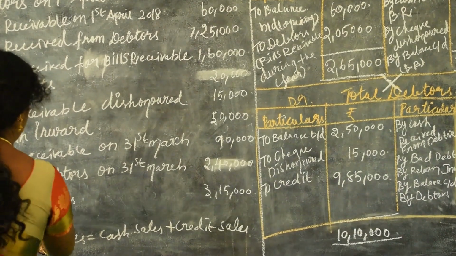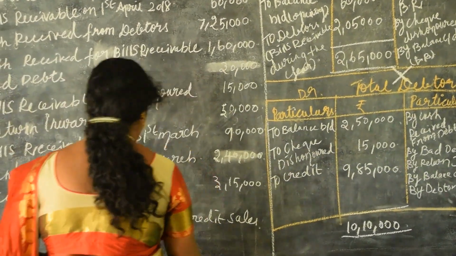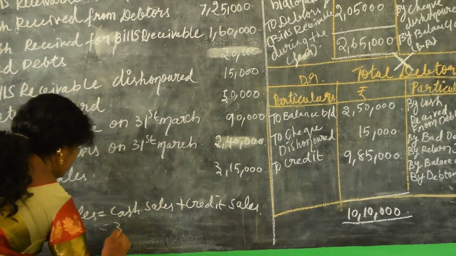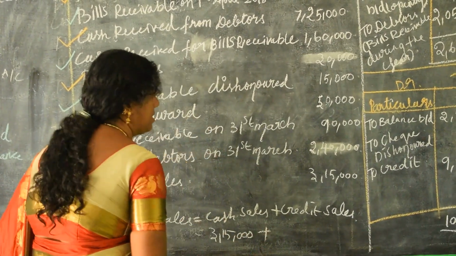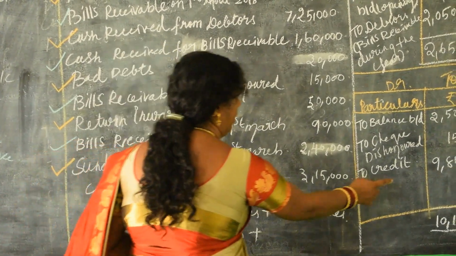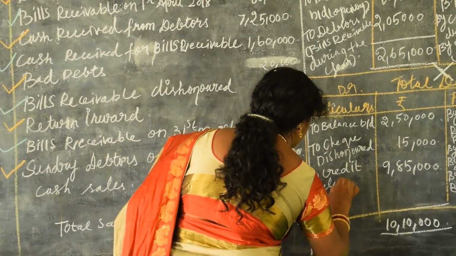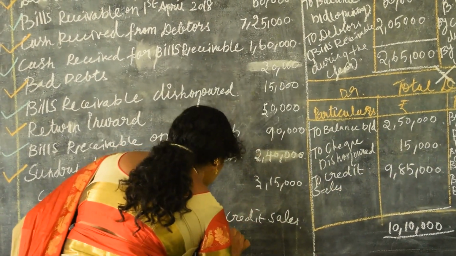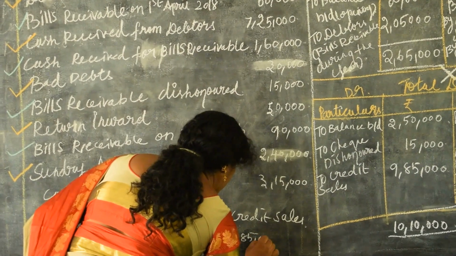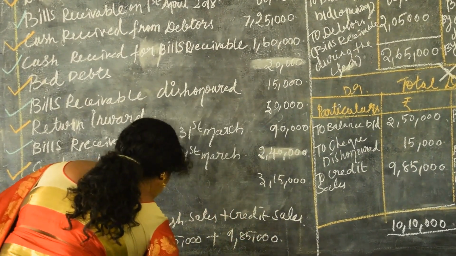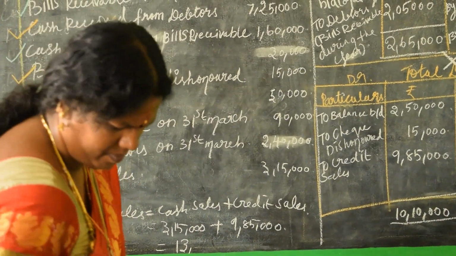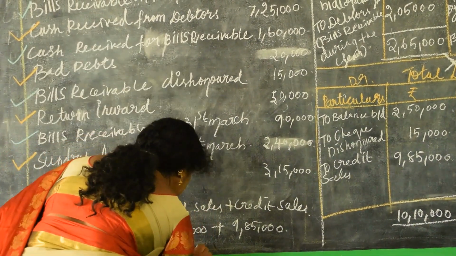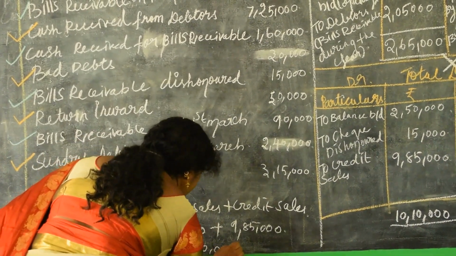What is the cash sales over here? 3,15,000 plus credit sales, which we have found out here, 9,85,000. Total is 13 lakh. Yes.